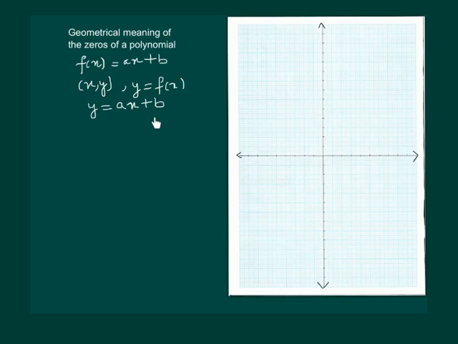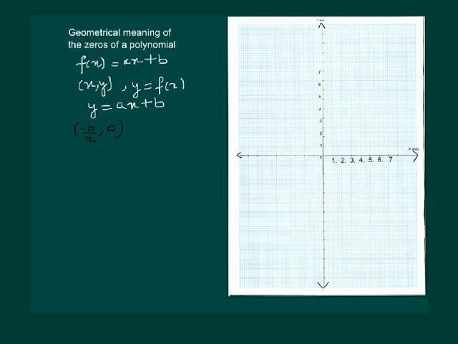That is why we call f(x) equal to ax plus b a linear polynomial. We will see that the line represented by y is equal to ax plus b crosses the x-axis at exactly one point, namely (minus b by a, 0). And we know that minus b by a is the zero of the polynomial ax plus b.